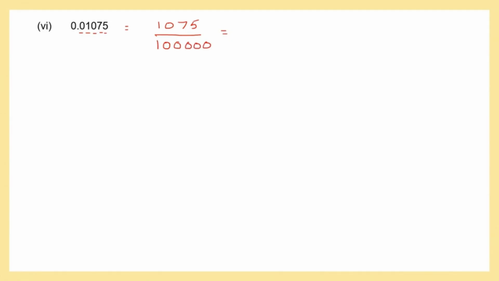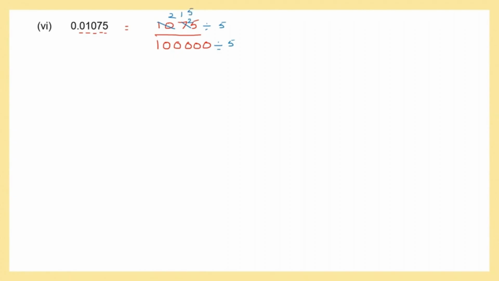Both are divisible by 5. So let me divide both by 5, the numerator and the denominator. Okay, 5 twos are 10, 5 ones are 5, 6, 7, 25, 5 fives are 25, 215.